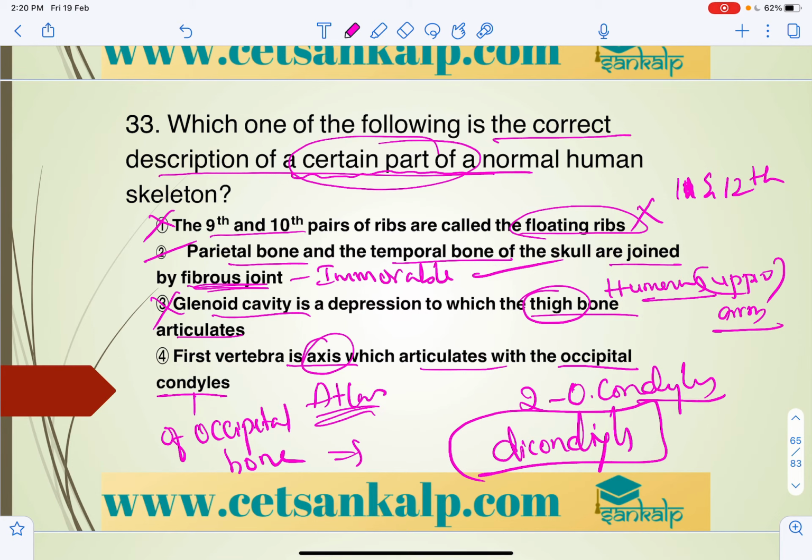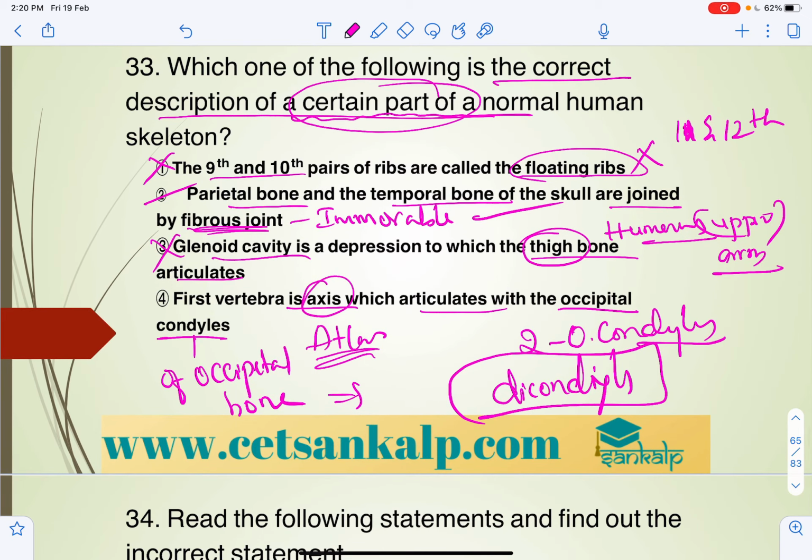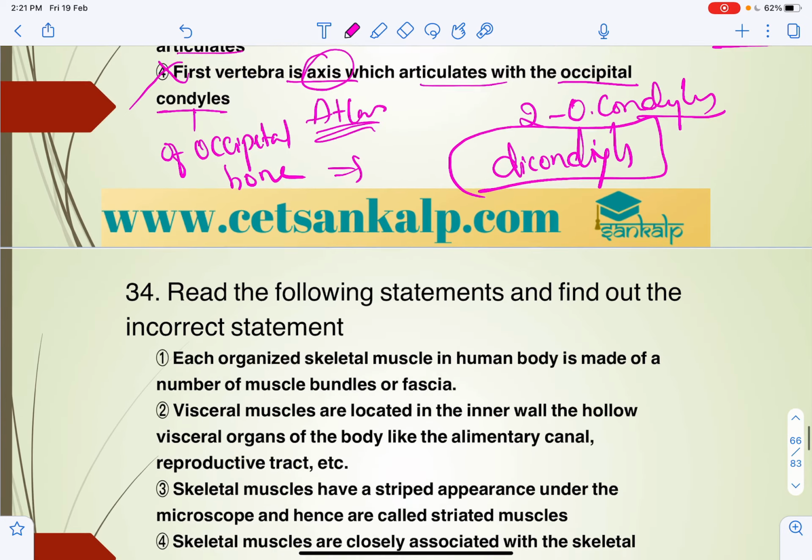So this one is also wrong. The only correct statement is that the parietal bone and temporal bone are joined by a fibrous joint. So the second option is correct.